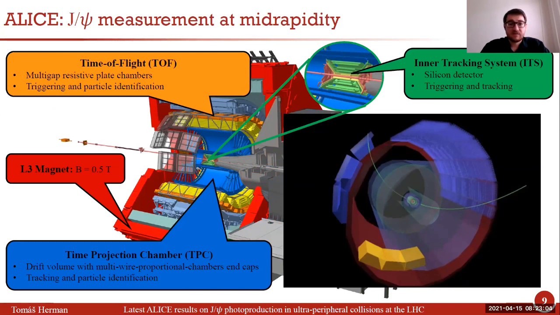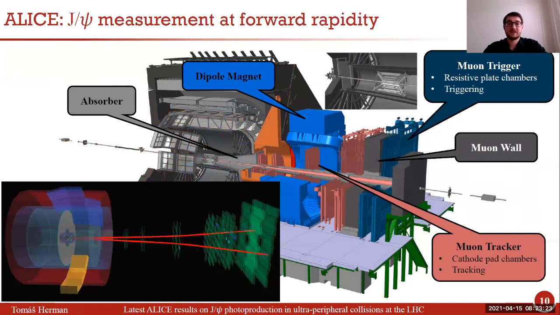And even further out, we have the time of flight detector, which is used for triggering and particle identification. And all of these central detectors are enclosed in a solenoid magnet. And you can also see a view from the event display where we have a J/psi candidate.